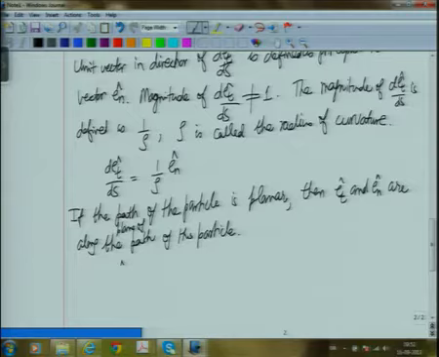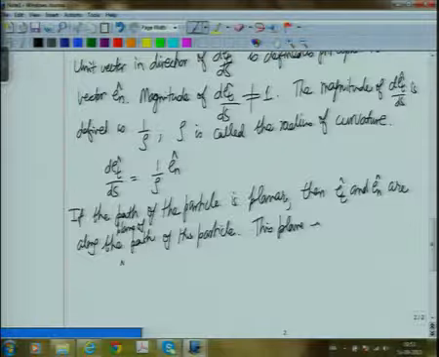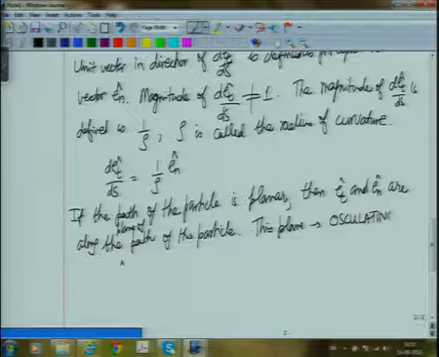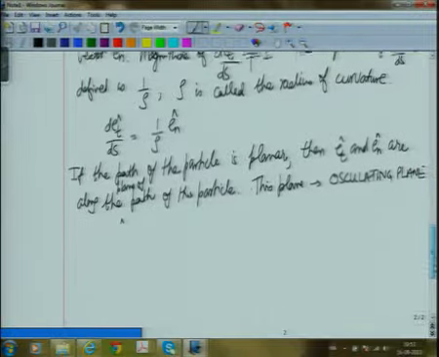So, if this is a planar path, then Et and En will be in the same plane. There is a term for this plane, which is called the osculating plane. You may have seen it in your maths, or you may not have seen it.